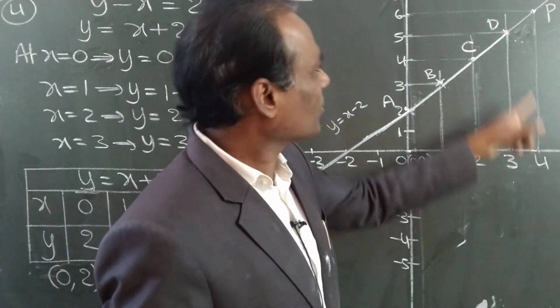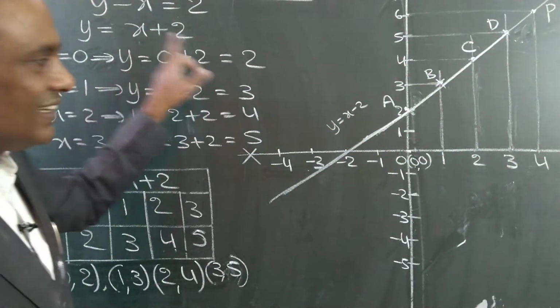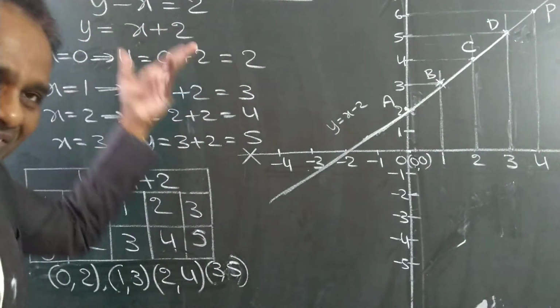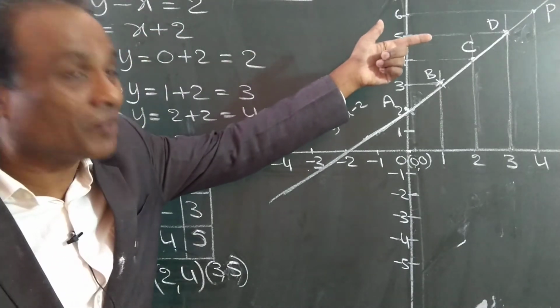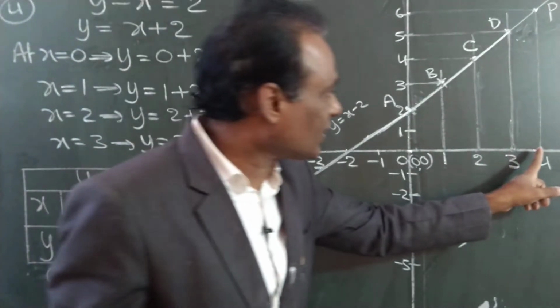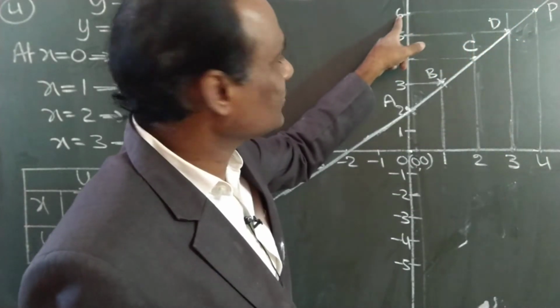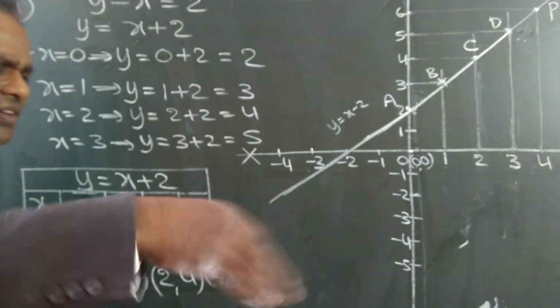If x is 4, the y value will be 6 only. Take x is equal to 4 here, 4 plus 2, y is equal to 6 only. But we should not do it like this. We have to get it from the graph. So when x is 4, what is the y value? 6. Okay, that anyway we will write.